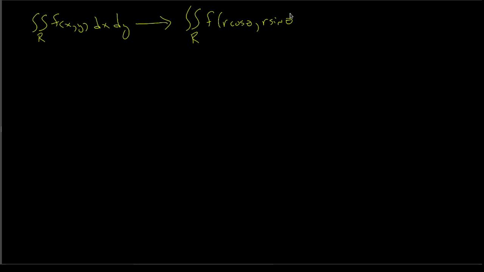All right, let's look at polar coordinates a little more closely and look at some boundaries and finding some limits that we can do within these. One of the things that we want to note is that if I'm going to do some region where I have some f of x, y, dx, dy, if I convert to polar coordinates, the same region is going to be f of, well, x is r cosine theta, and y is r sine theta, right?